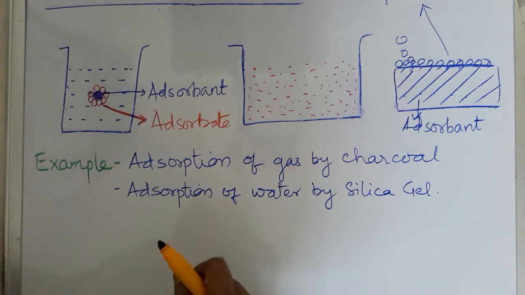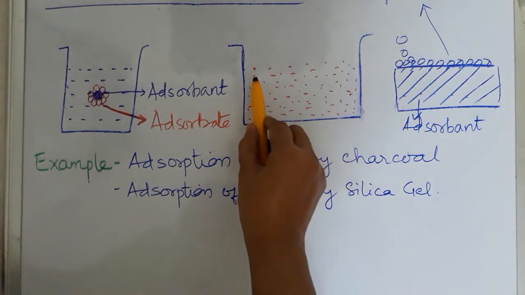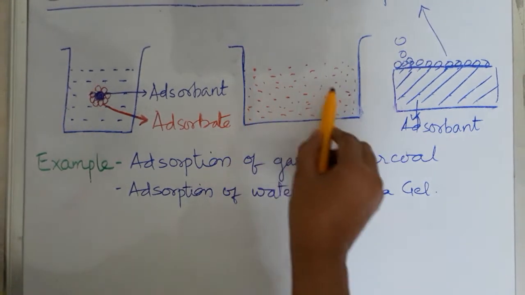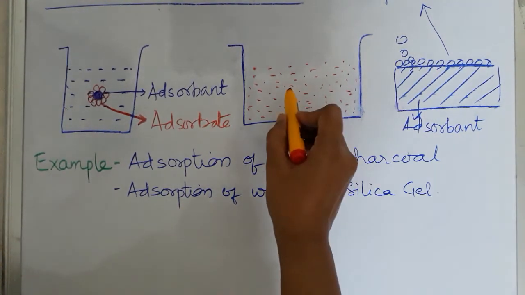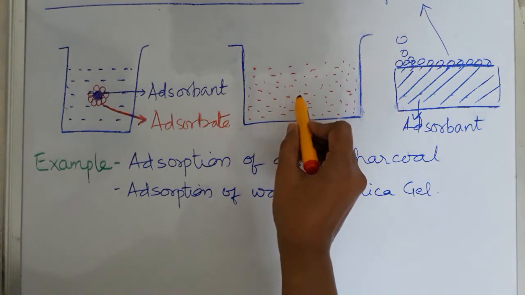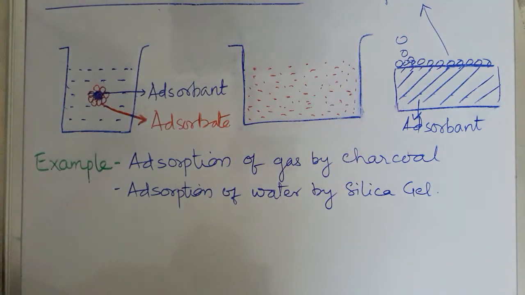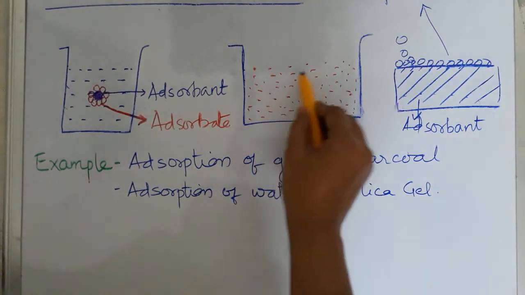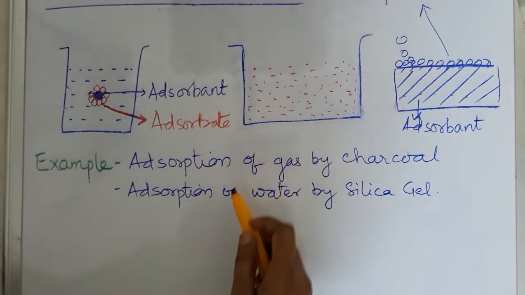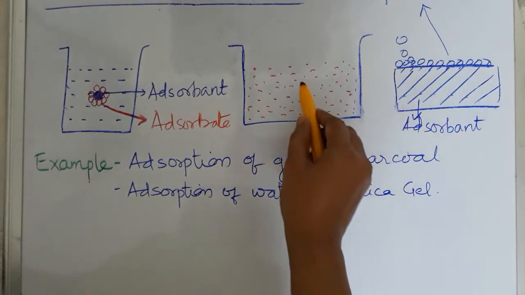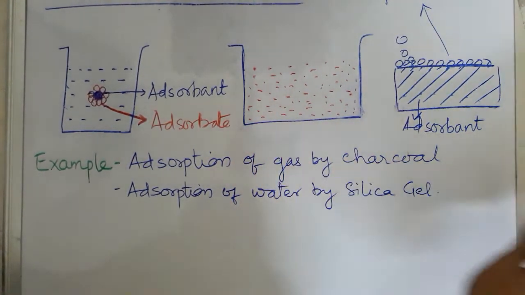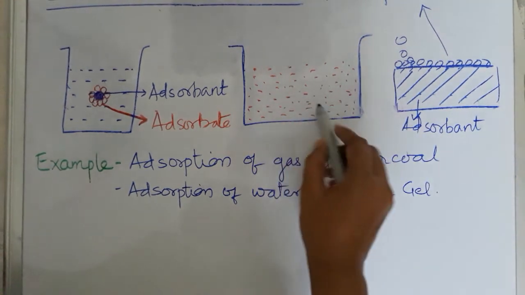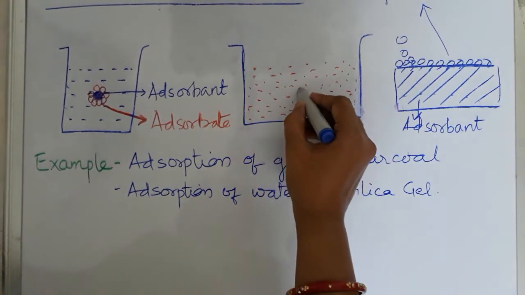Let us understand. Suppose these are the molecules of the adsorbent, which is providing surface for adsorption. These molecules, taken in a vessel, are in contact with other molecules in the bulk. The molecules in the bulk are surrounded by other particles.